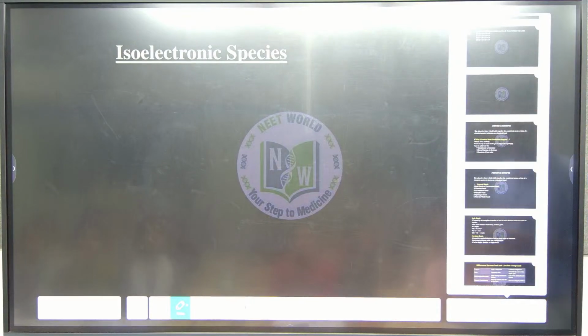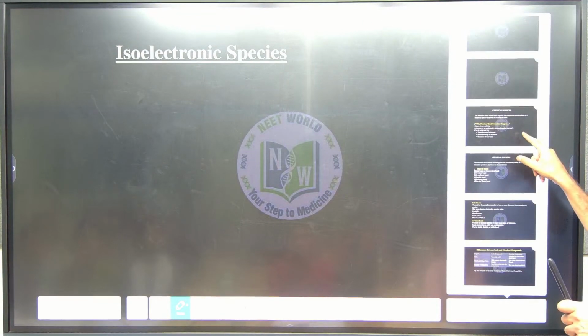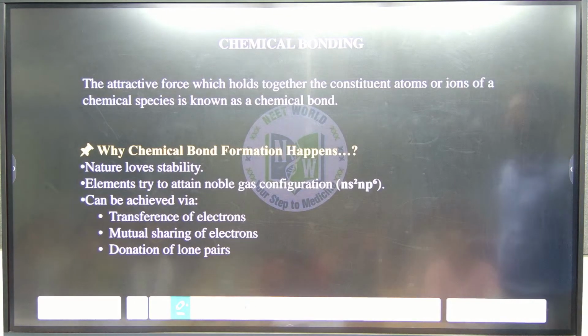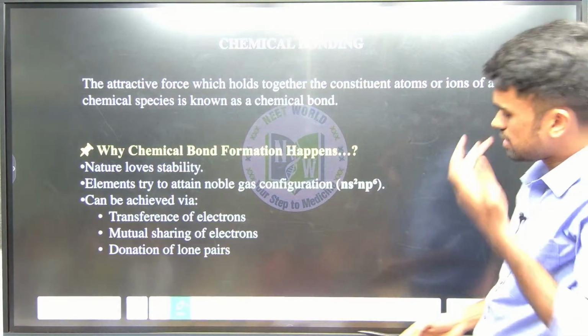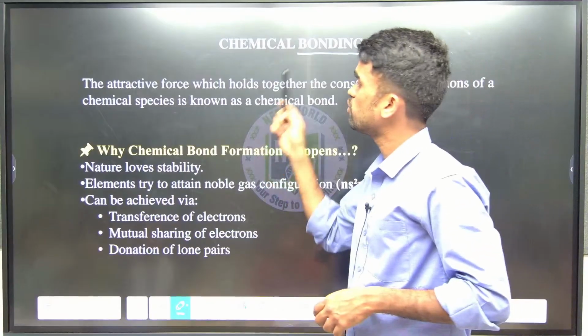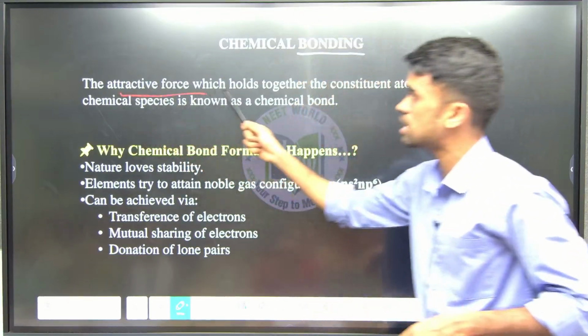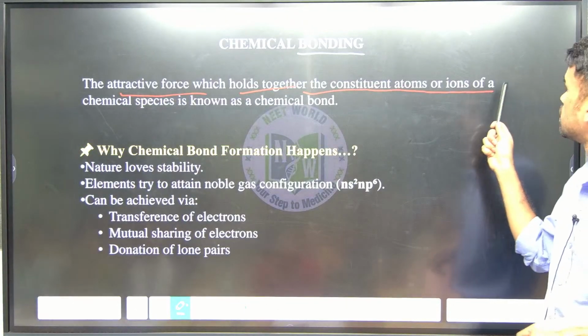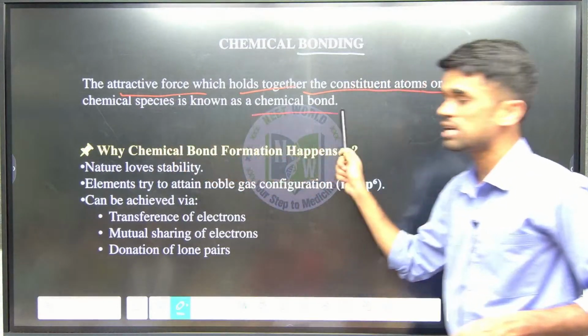So now let us have some discussion on chemical bonding also. See, what do we mean by bonding? The attractive force which holds together the constituent atoms or ions of a chemical species is known as a chemical bond.